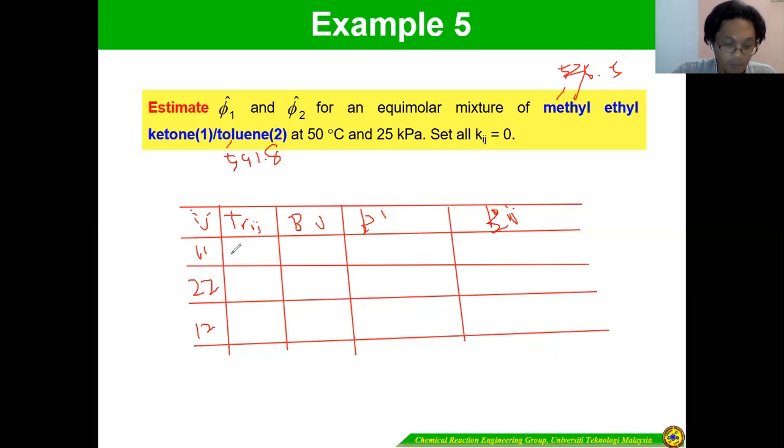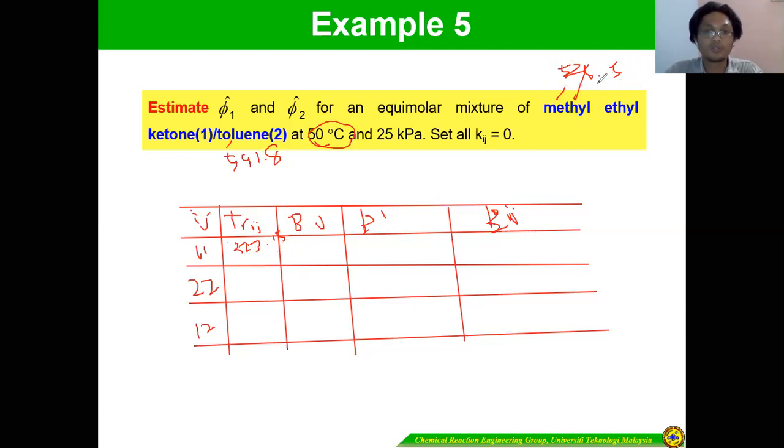Just calculate based on the information given. 50 degrees C is equal to 323.15 Kelvin divided by TC, 535.5, so you can get TR for 1 1.